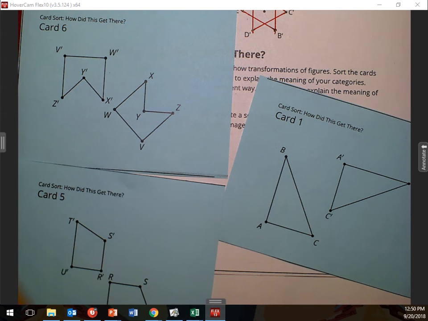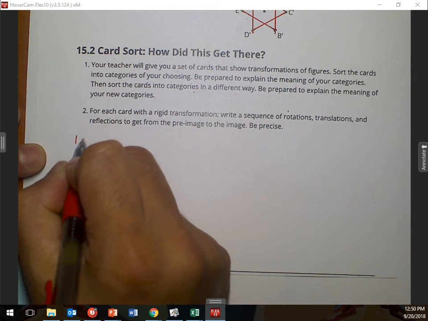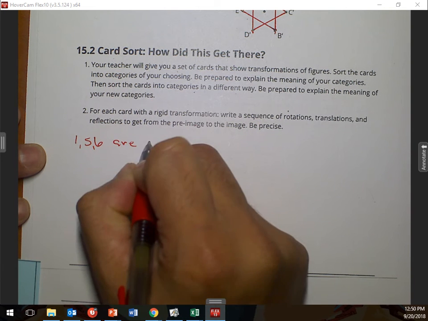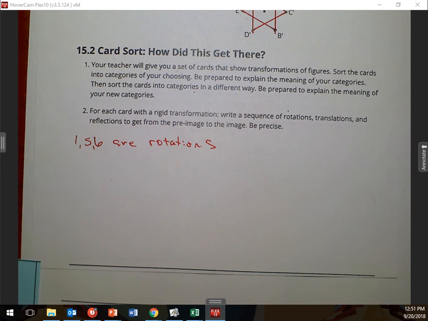So we're using rotation, reflections, translations. So we have those that are rotations. That's good. That's using your vocabulary. Good job.